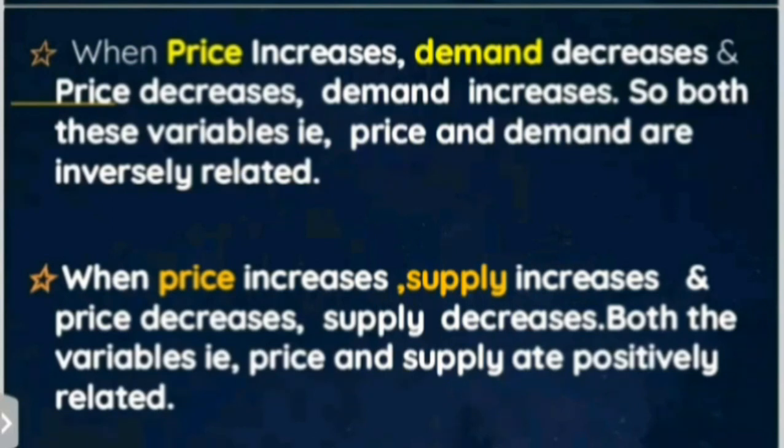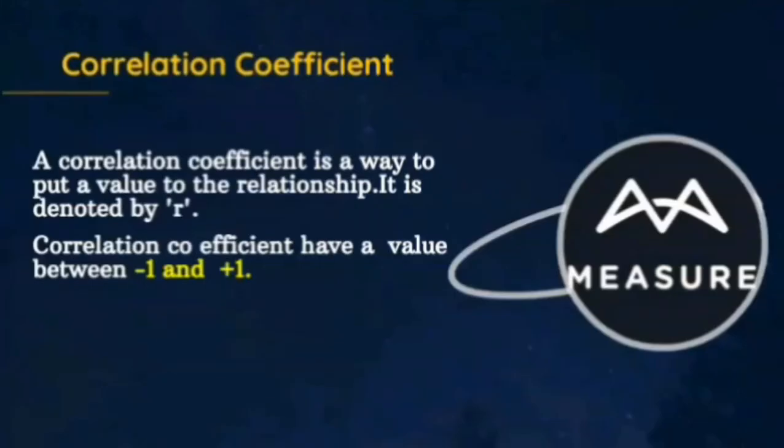Since a relationship exists between these variables, we can say that a correlation exists between them. So in correlation, there will be a relationship between the variables. It may be a positive relationship or a negative relationship. Whatever it is, if there is any type of relationship between the variables, we can say that those variables are related to each other, or that a correlation exists between them.